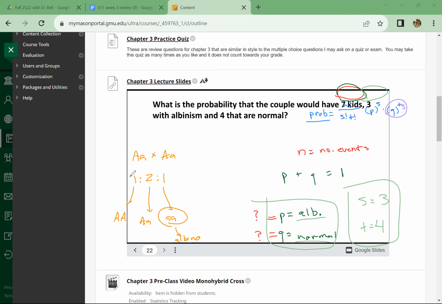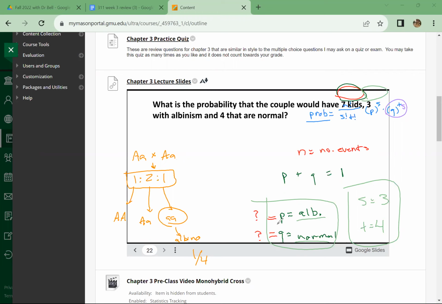And because there are 1, 2, 3, 4 possible offspring that result from this cross, and each one is just as likely as the other because it's random whether the parent will give this one versus this one, and there are 4 possible offspring, then it is 1 out of 4 that the offspring of this cross will be albino.